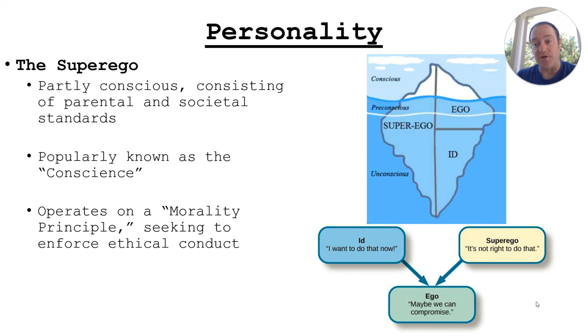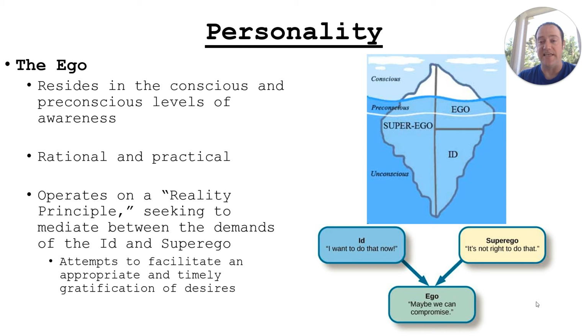Okay, and then the last structure, according to Freud, was the ego. Again, this is almost entirely conscious and preconscious. There's not a lot of unconscious to this. This is the rationality. This is the part that mediates between the id and the superego. In other words, it tries to compromise between the two. It tries to satisfy the needs of both the id and the superego.